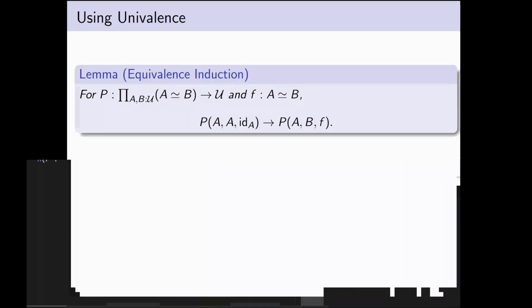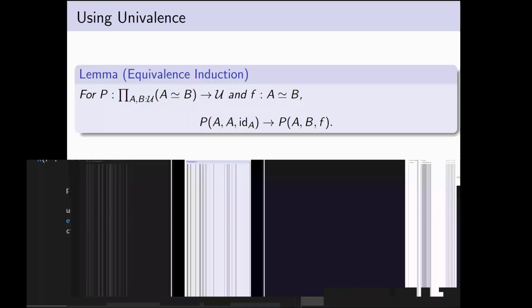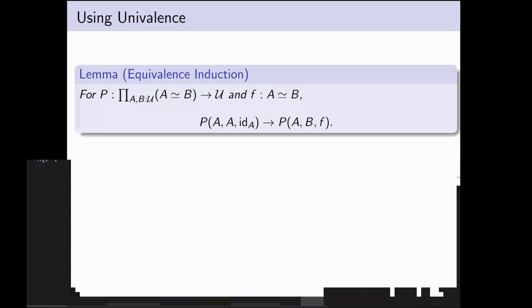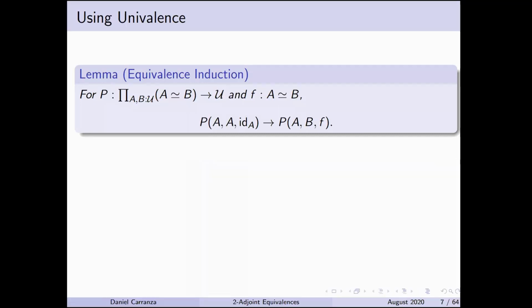The way that you'd go about this comes to us from the univalence axiom, right? Since an equivalence from A to B is equivalent to an equality from A to B. And we know that for path induction, if A is equal to B and we want to prove something about a path, then we just assume it's reflexivity.